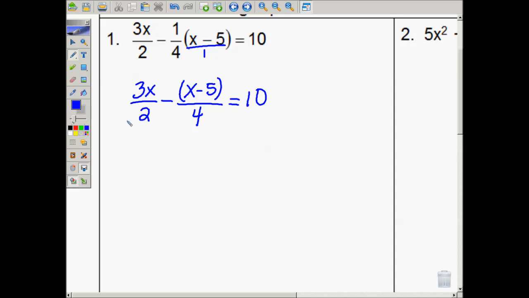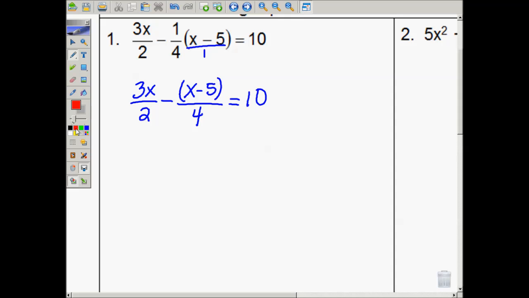All right, so how would I combine these two fractions? What if your numerator would have been 2x minus 10? What do you mean? Like if it was 2 over 4, it would have been 2x minus 10. Why would it be 2x minus 10? Because didn't you just multiply x minus 5 into 1? Like x minus 5 over 1.